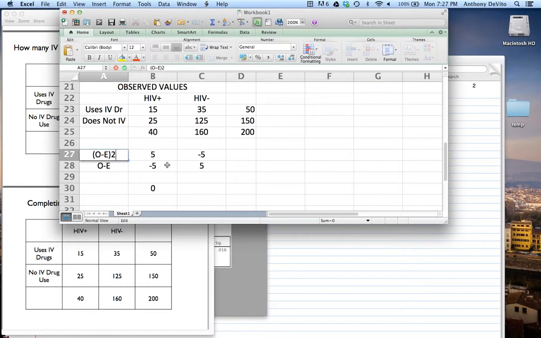They'll be much larger than I would have anticipated, but they're at least going to be positive. So now to get them back into the range of the size of numbers I'm working with, once I've turned them into a positive number, I'm going to divide by the expected value. So I get it back down into the range of numbers that I would expect. And I'm going to do that for each one of these boxes.